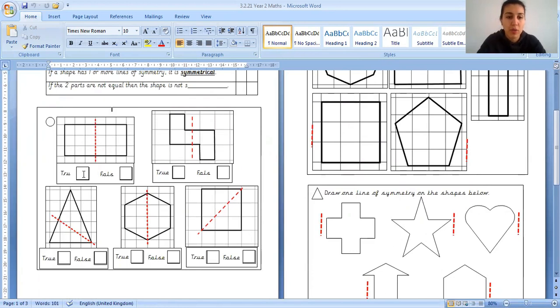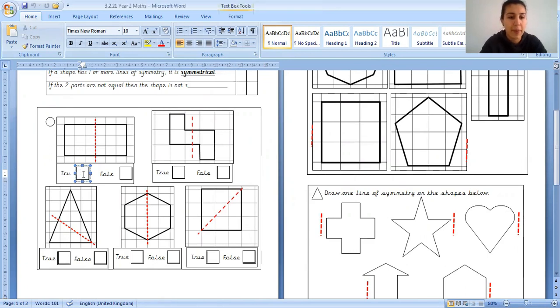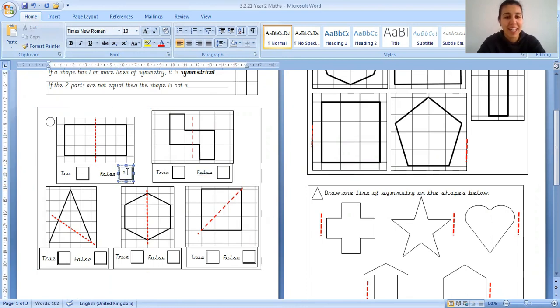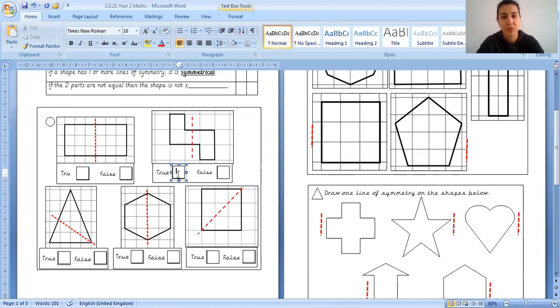If you think it's true, you click in the true and you can just type an X. If you think it's false, you can click in the false and you can type an X. I've just noticed that unfortunately my false word has the E missing because it's too big for the space, so I am sorry that it's come across, I haven't spelt it wrong. So there you go, just click in the box and mark whichever you think it is, true or false.